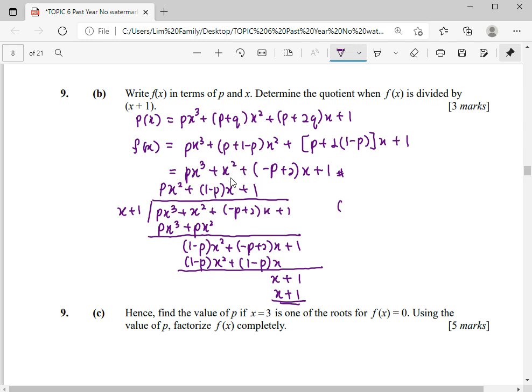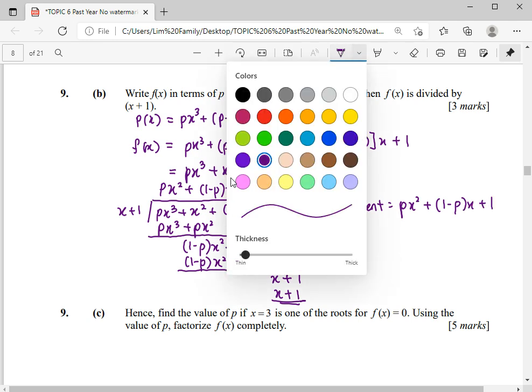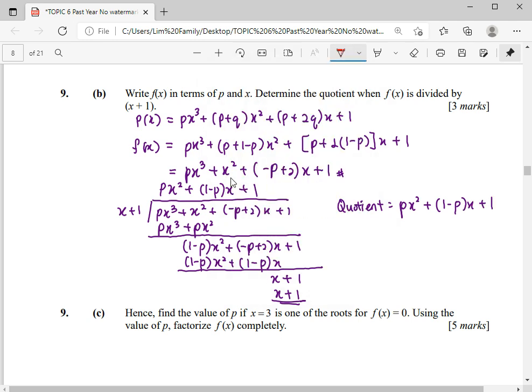Answering the question, the quotient of this division is equal to px squared plus 1 minus px plus 1. So this is the f(x) that we get in terms of p only, using the concept of long division to get to the quotient.